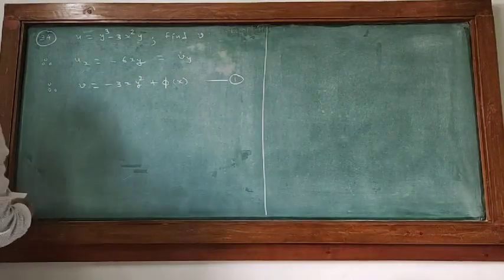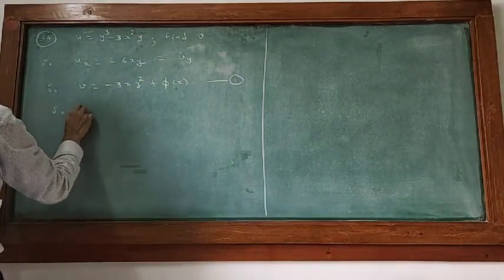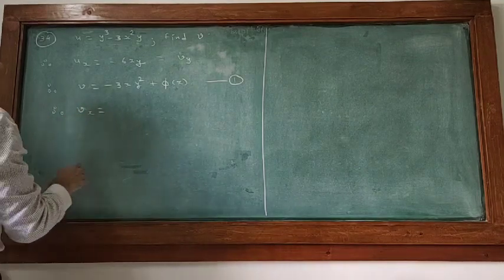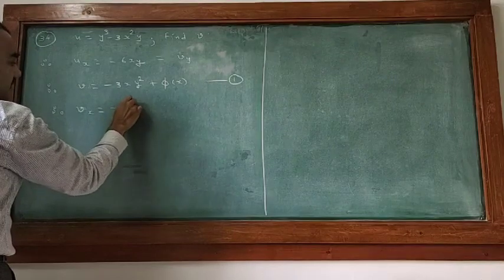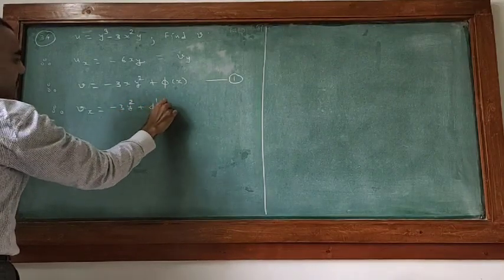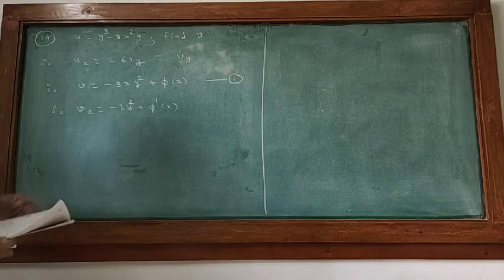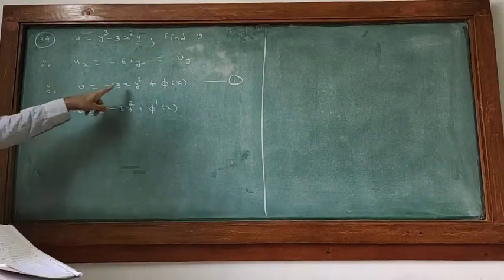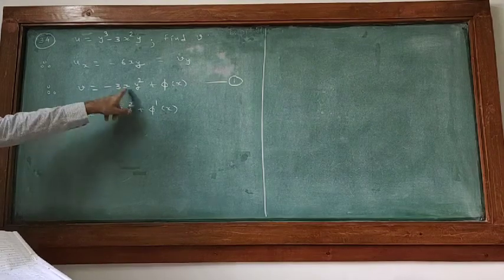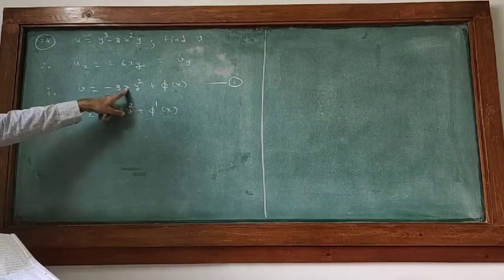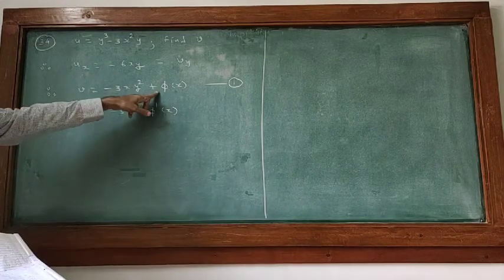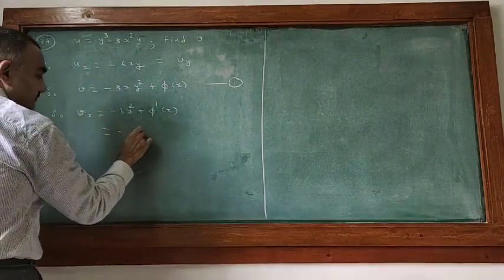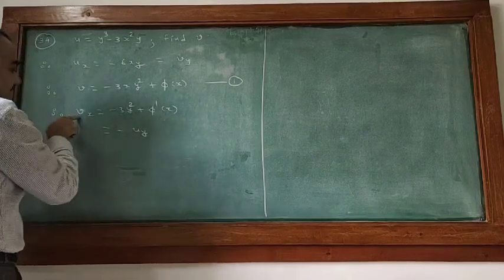Then vx. What is vx? Differentiation of v with respect to x is minus 3y square, since x with respect to x will be 1, and then the differentiation of phi x is phi dash x, and vx equal to minus uy.